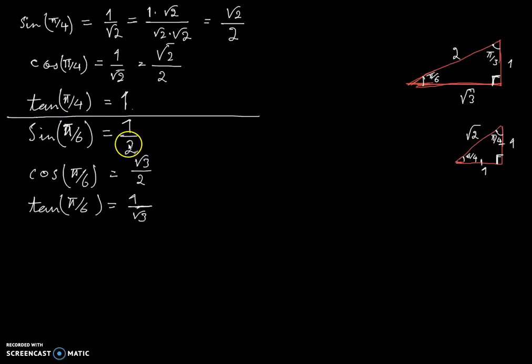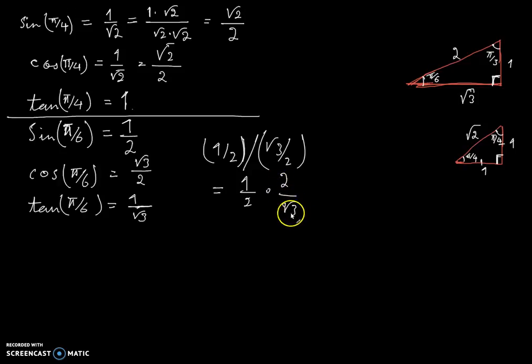So in this case it would be 1 by 2 divided by root 3 by 2, which, if you simplify this, would be 1 by 2 into 2 by root 3. And it would be 1 divided by root 3. So that's how you could do this as well.